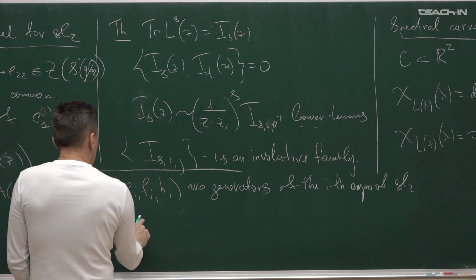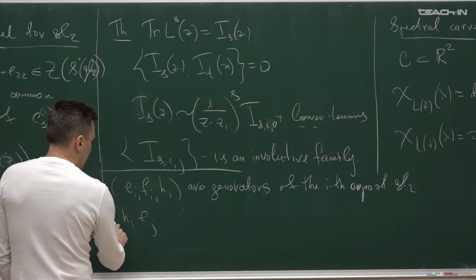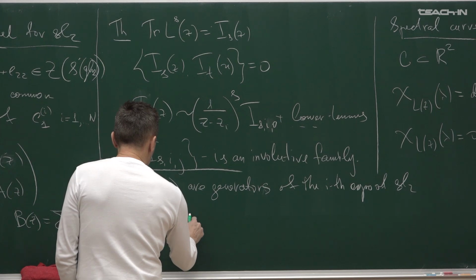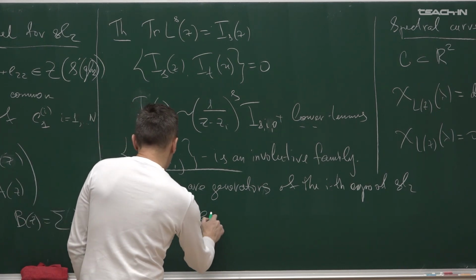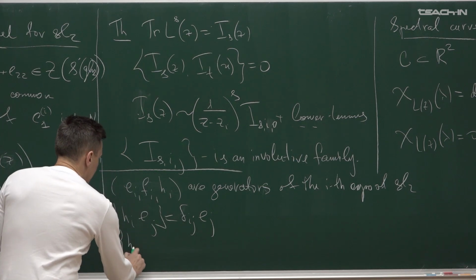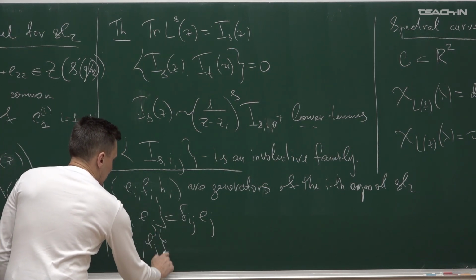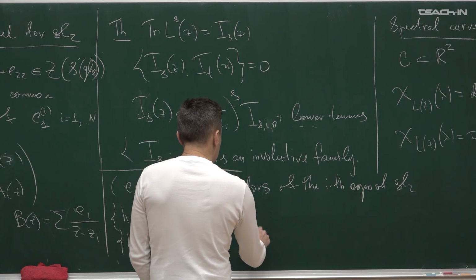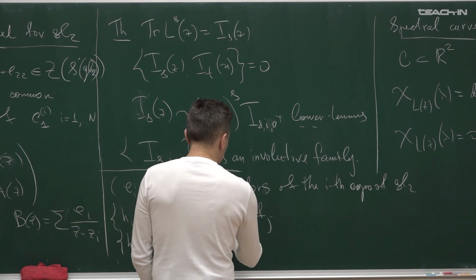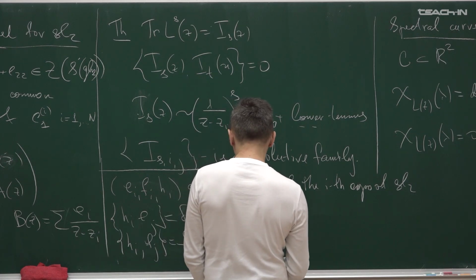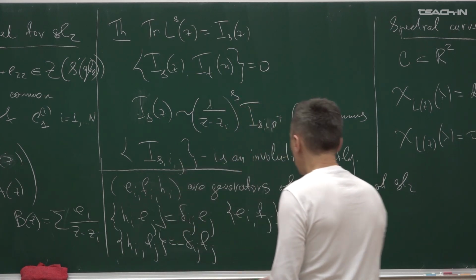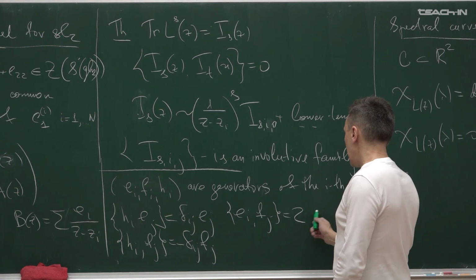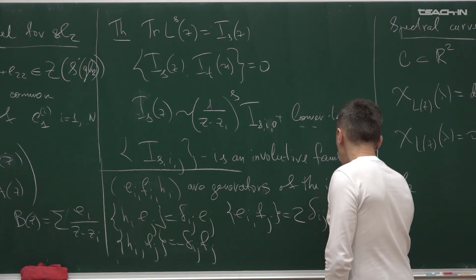H_i with E_j is equal to delta_ij E_j. H_i with F_j is minus delta_ij F_j, and E_i with F_j is equal to delta_ij H_i.